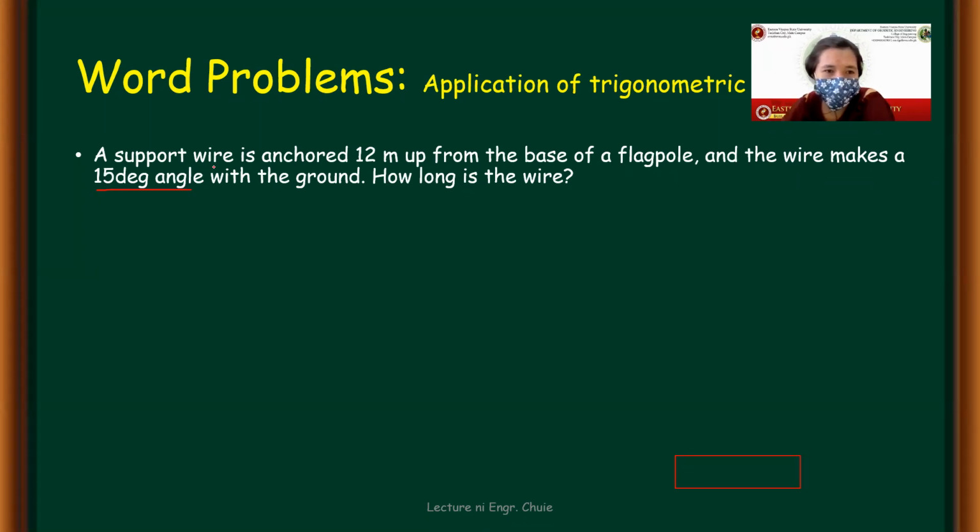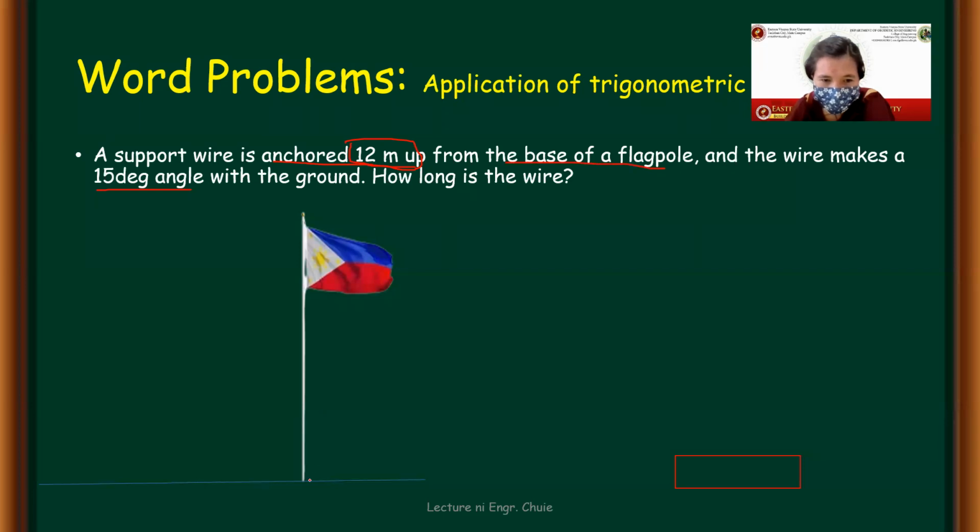So let's go back to the problem. A support wire is anchored 12 meters up from the base of the flagpole. So we have a flagpole, and the wire is anchored at 12 meters. What is that 12 meters? That is the height of the wire from the base of the flagpole.